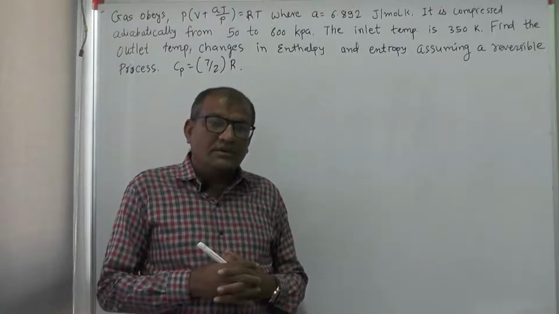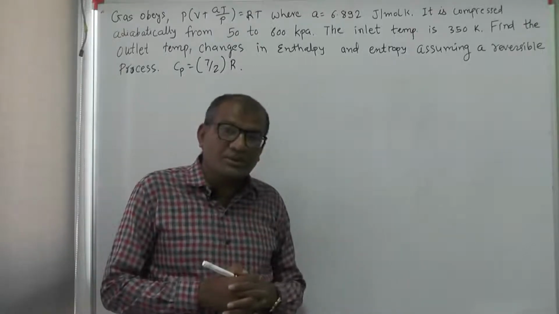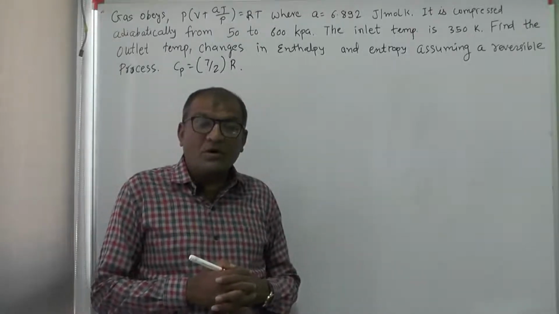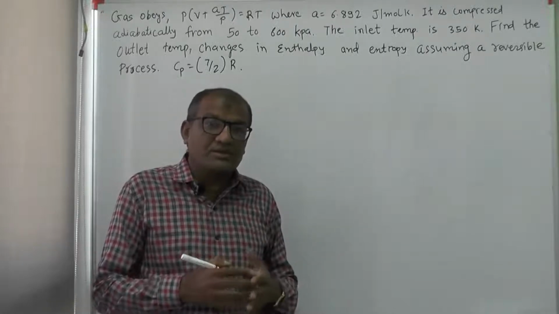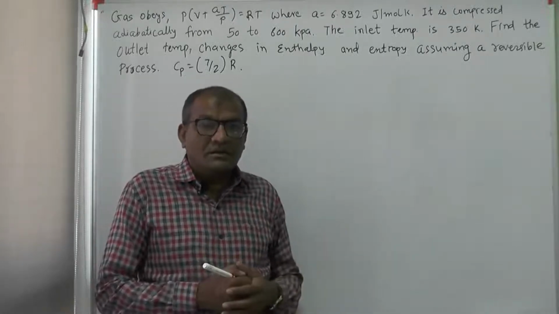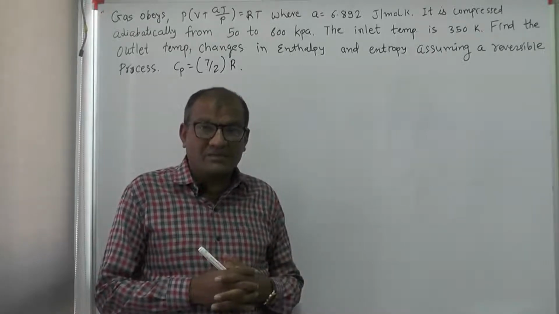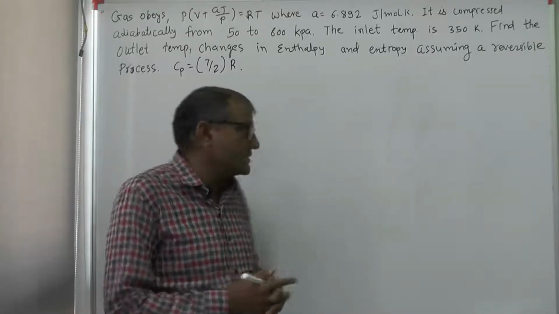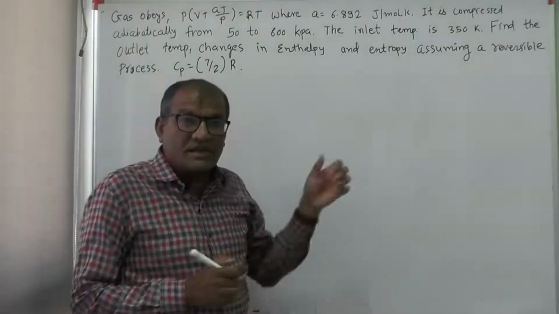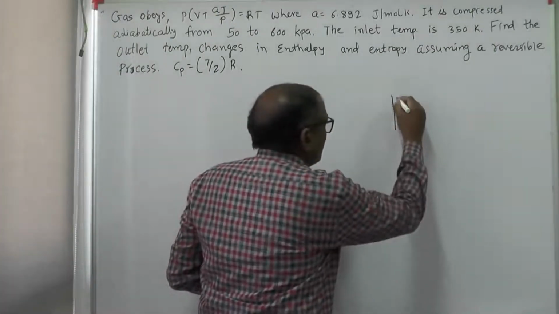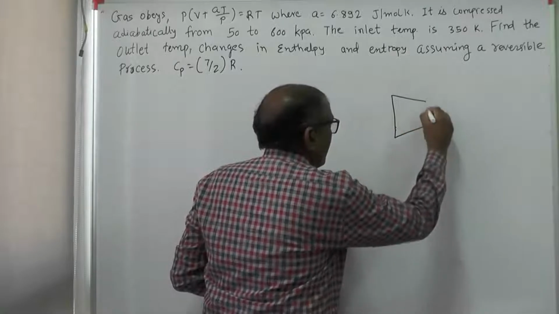Hi everyone, in this video we are going to continue the problem of isentropic compression of real gas. In the previous video we have derived the equation for enthalpy changes as well as entropy changes. First let me draw a diagram. So this is compression.